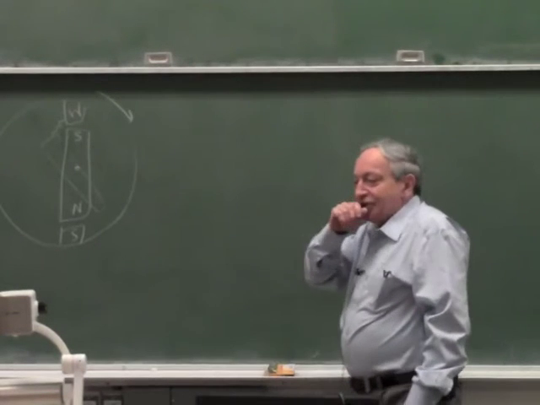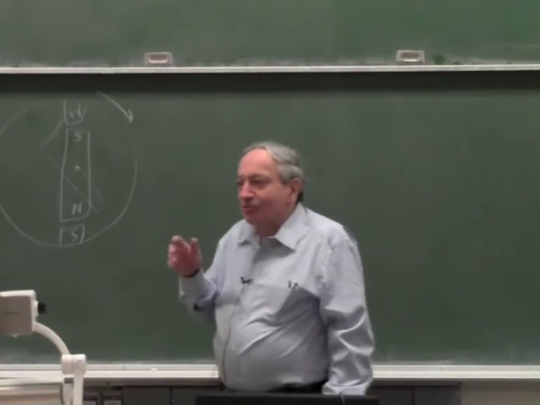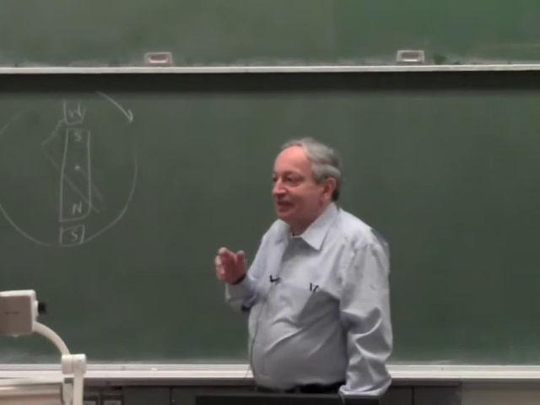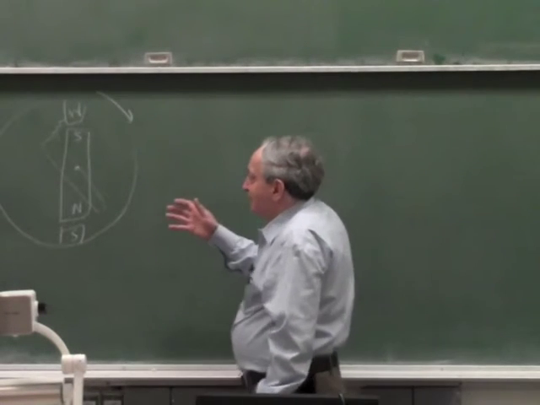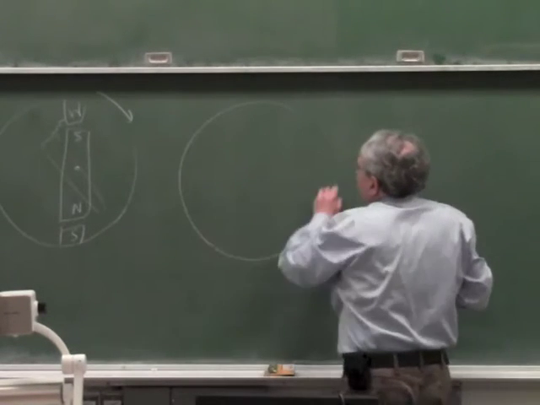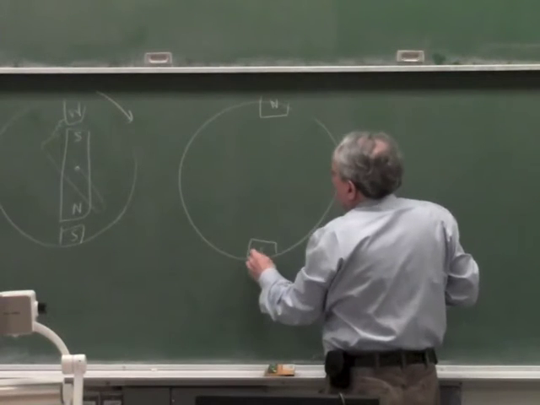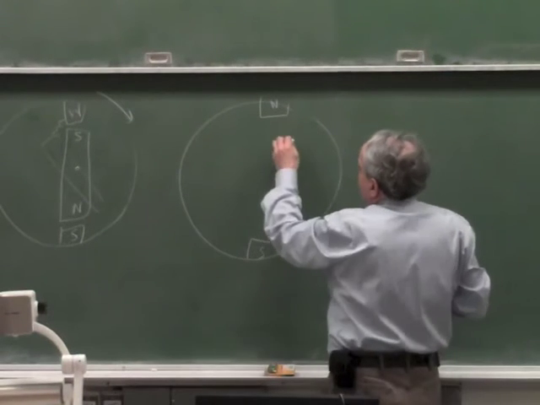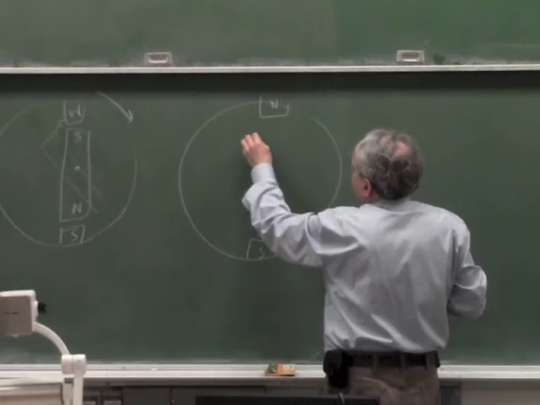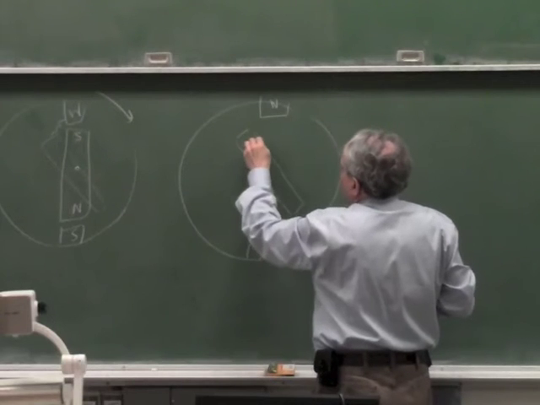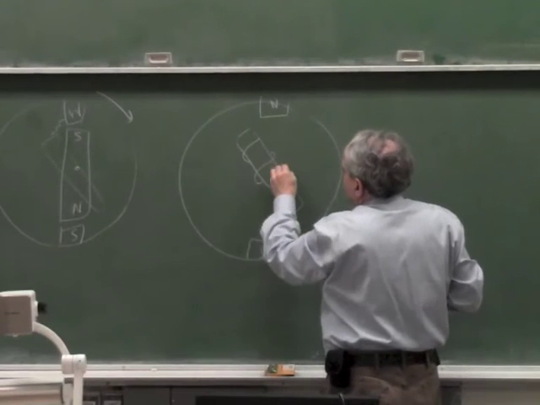Now, in an induction motor, most books and all videos I've seen say something similar is happening. They say that there is a rotating field which, because it's AC, induces a current in a short-circuited armature.